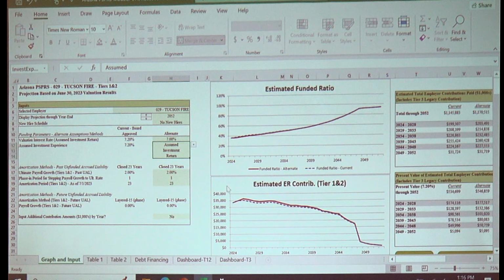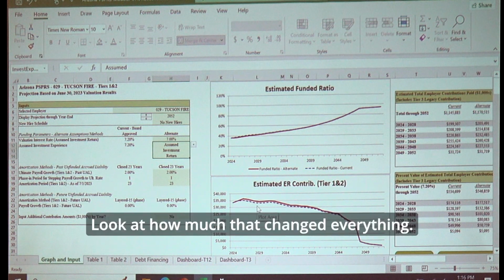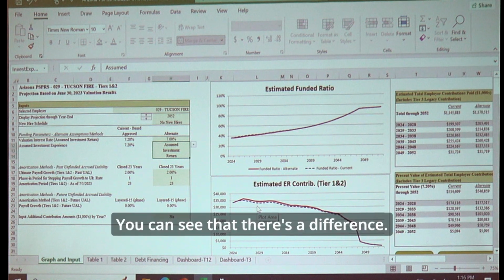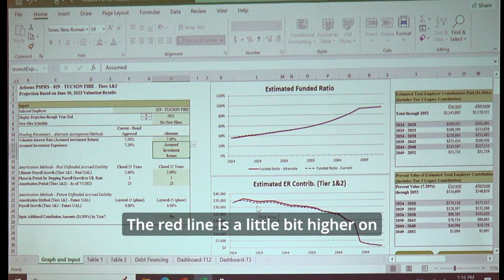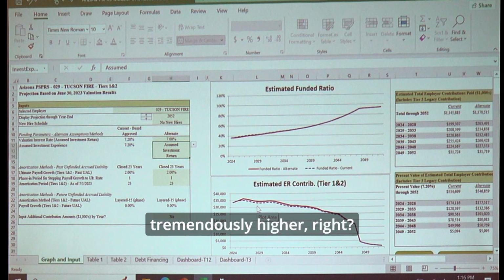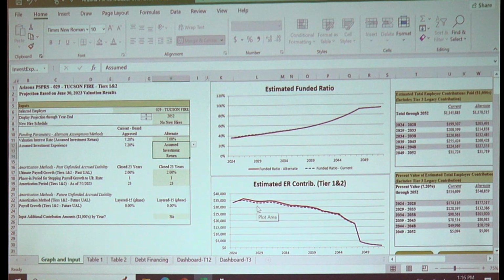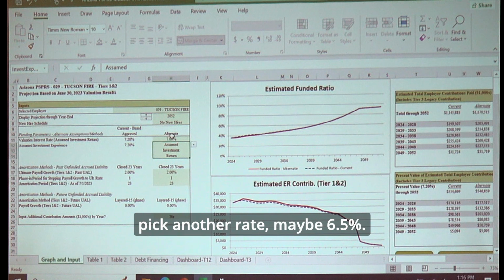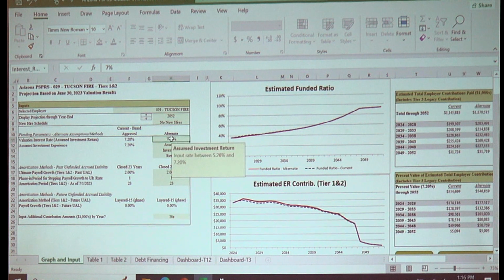Sounds great. Look at how much that changed everything. You can see that there's a difference. The red line is a little bit higher on the contribution rates, but not tremendously higher, right? So you can change it even to, let's pick another rate, maybe 6.5%.